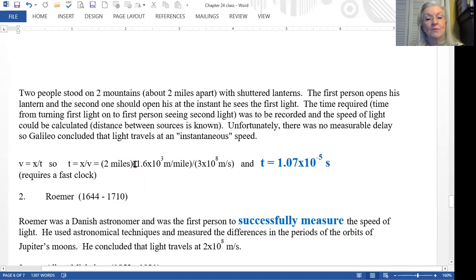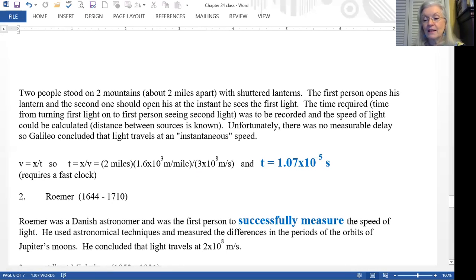So 2 miles times 1.6 times 10 to the 3 meters per mile, divided by 3 times 10 to the 8th meters per second, which is what we know the speed of light is. That means that the time he would have had to be able to measure was 1.07 times 10 to the minus 5 seconds. I promise you, back in the 1600s, they didn't have a way to measure time intervals this small.